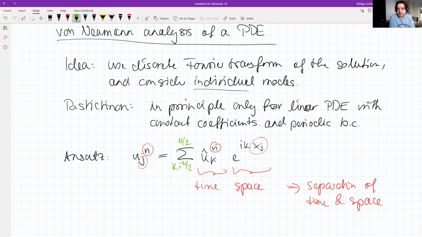But let's leave that discussion for the moment. That's a slight complication when you actually implement it in a code. But the basic idea is that I just expand my solution in physical space into a sum of Fourier coefficients times Fourier basis functions.